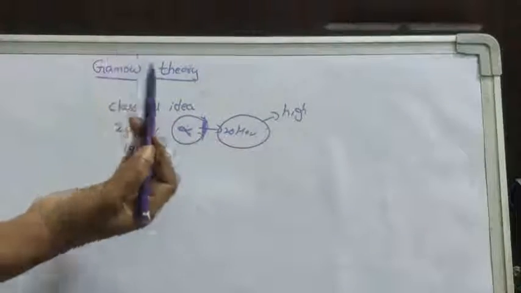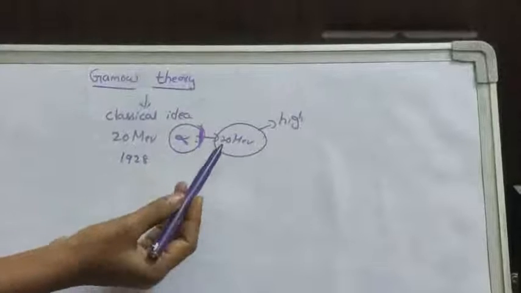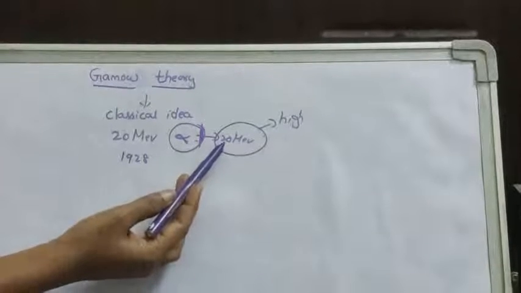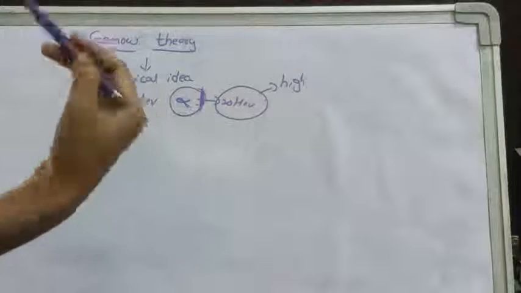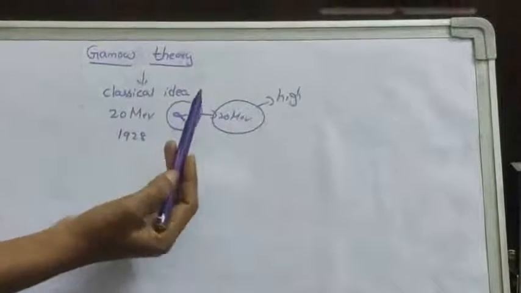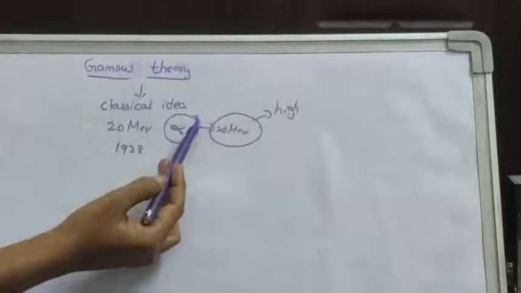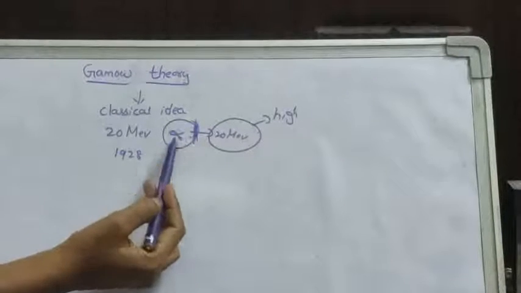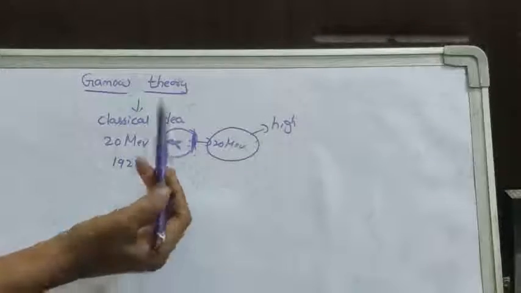According to classical ideas, the alpha particle requires a minimum energy of 20 mega electron volt to escape from the nucleus, but it has less energy to overcome the barrier height, so it is not supposed to escape.